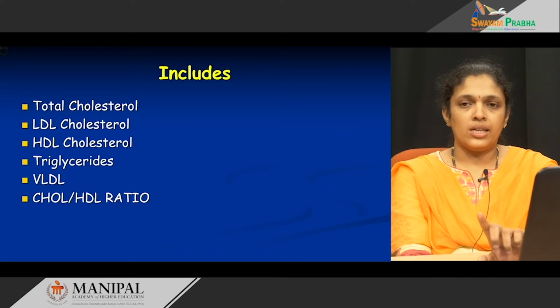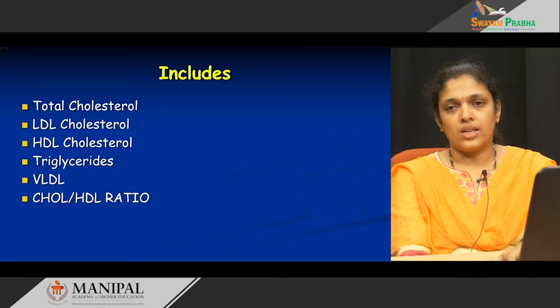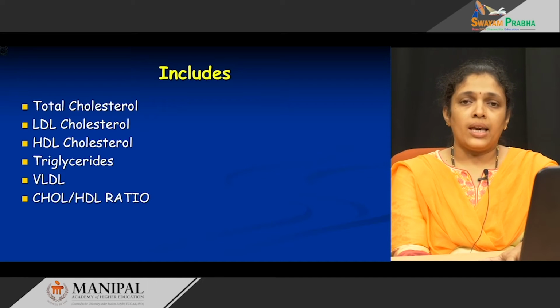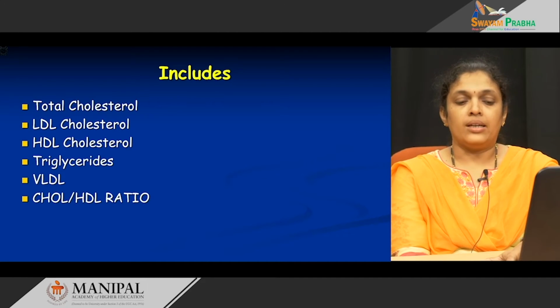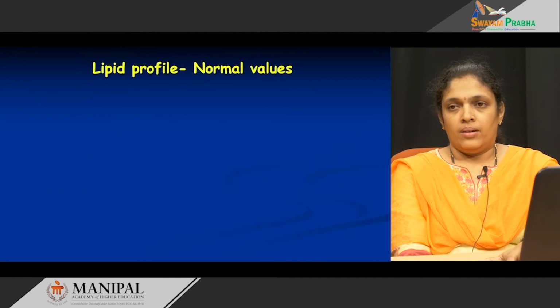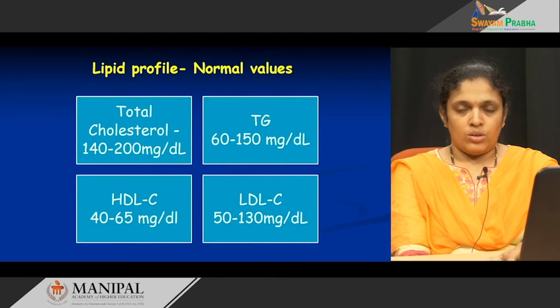The one you see is the routinely done lipid profile, and the other things I have said, lipoprotein A or the CRP, are additional tests which could be added to the routine lipid profile.